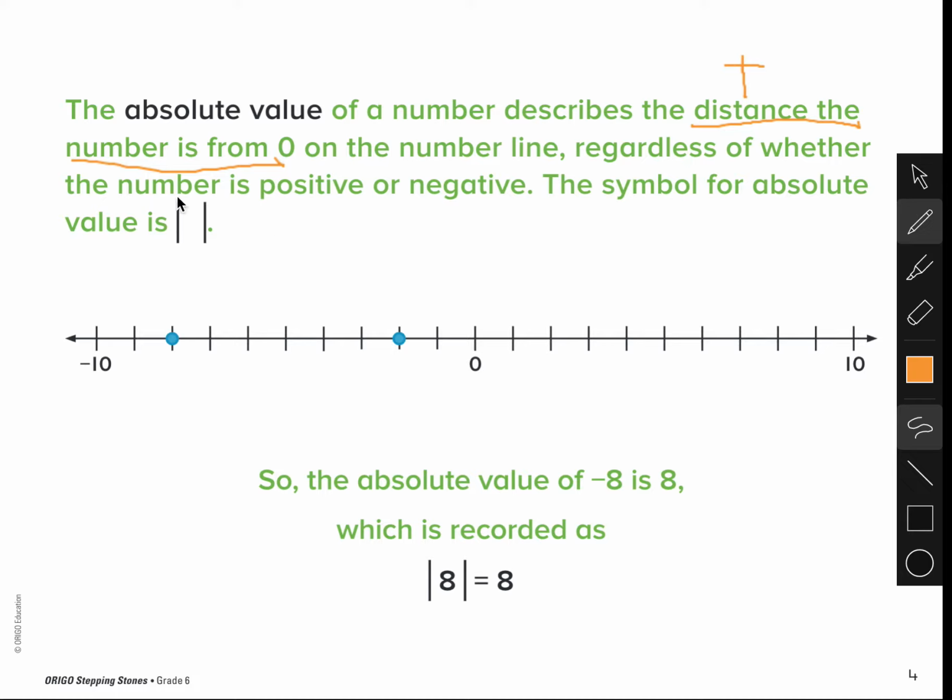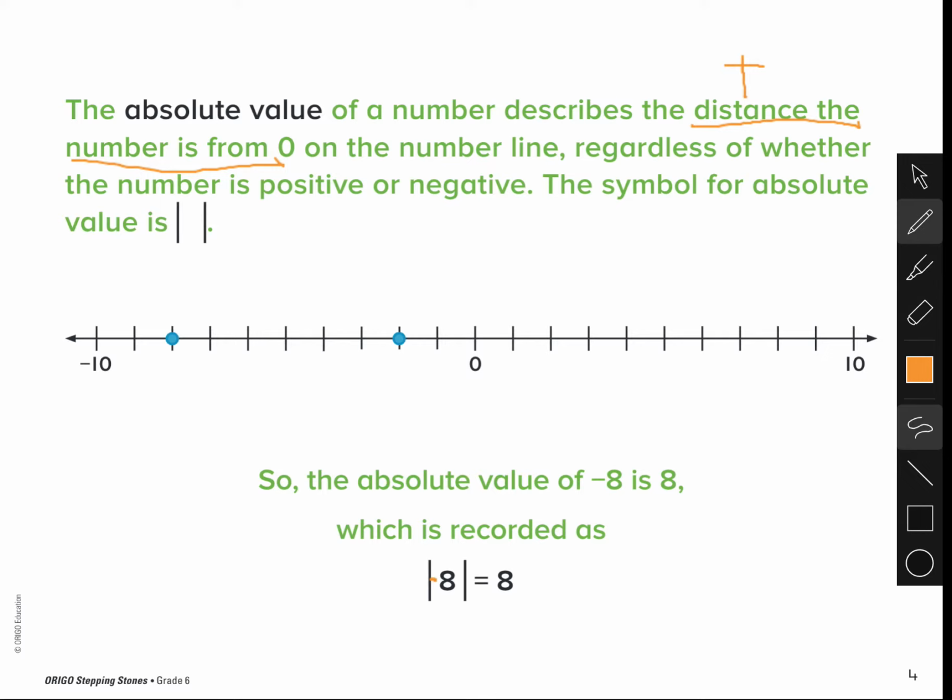The symbol for absolute value is these 2 bars here. When we look at -8, oh, this should have a negative sign here. So it's the absolute value, that's what those bars mean, of -8 equals how far is it from 0? 1, 2, 3, 4, 5, 6, 7, and 8.